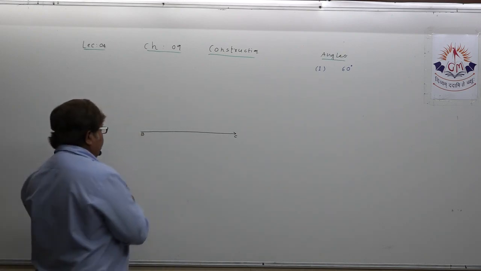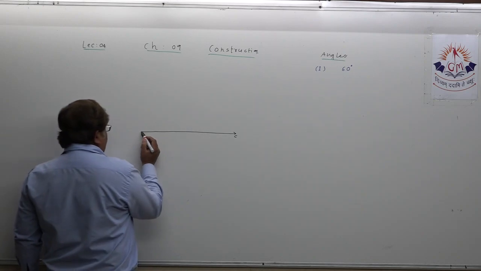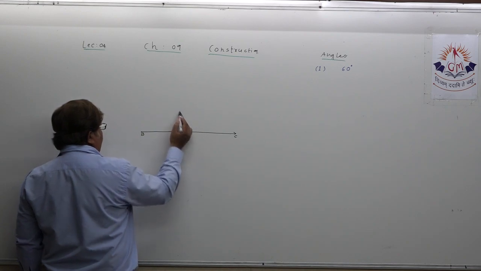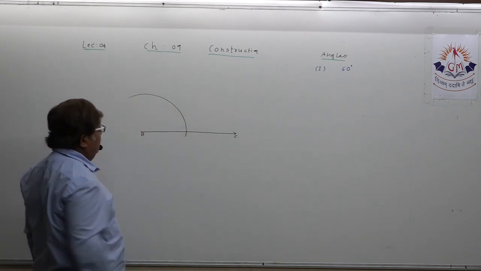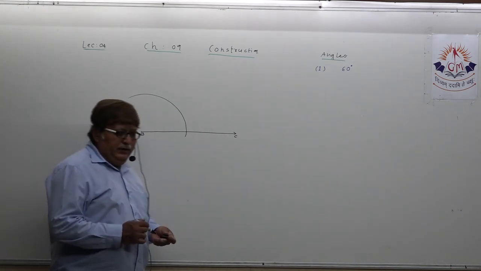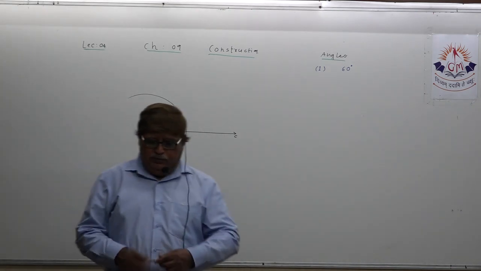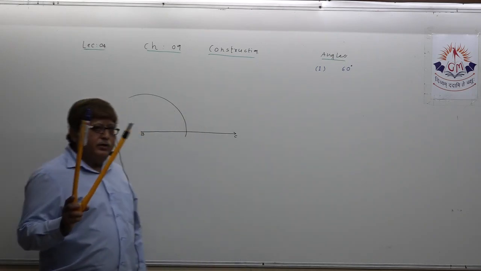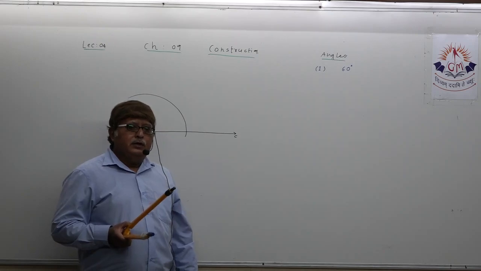So suppose I take center at B and I will take some appropriate radius and I draw an arc, okay?